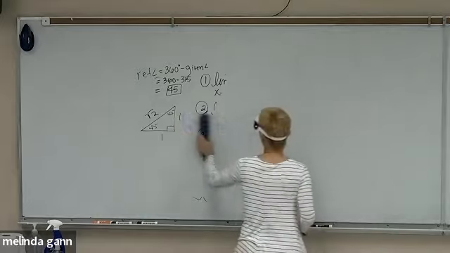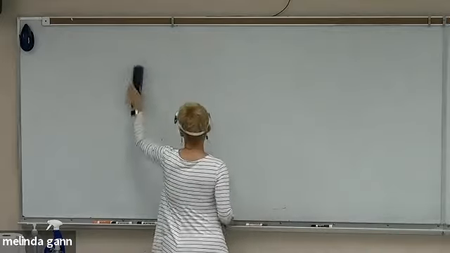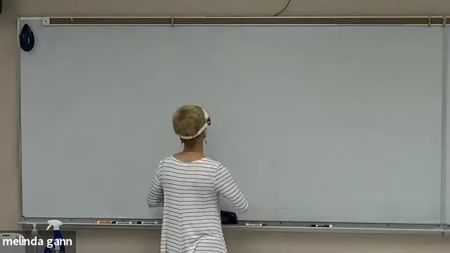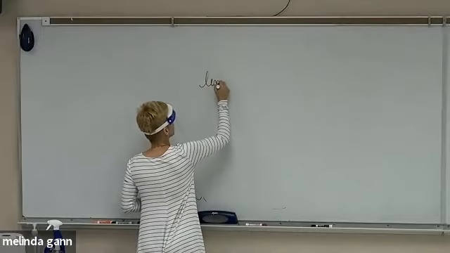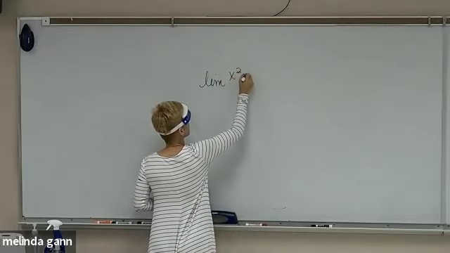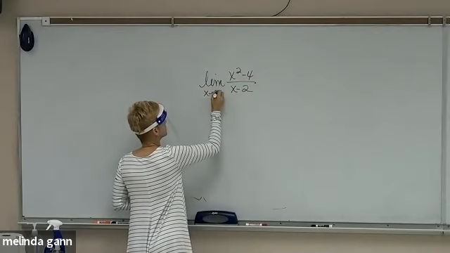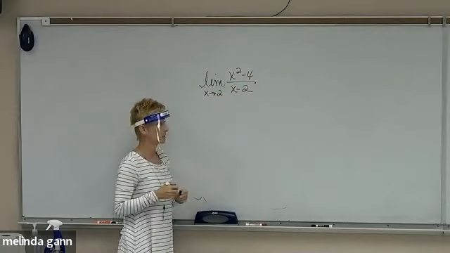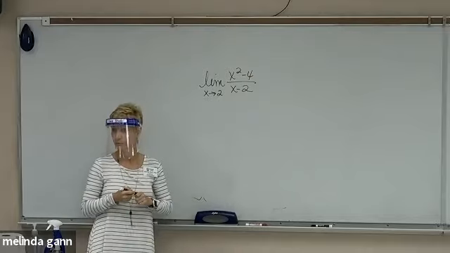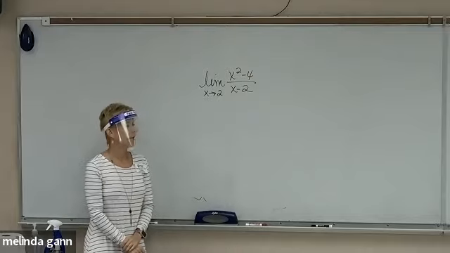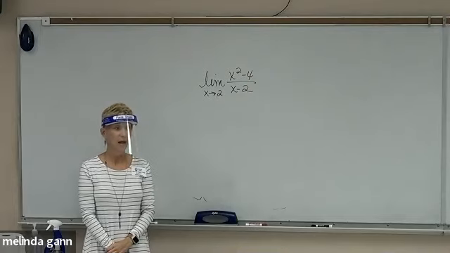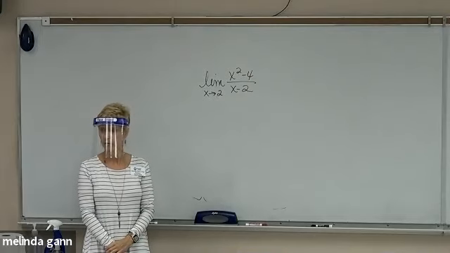Now, what do I mean by that? Let's go back to one that we had on the board a minute ago. I don't remember exactly what it was, but I think it was something like this. Is that a rational function? Is that a polynomial over another polynomial?